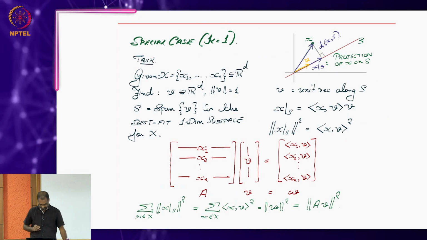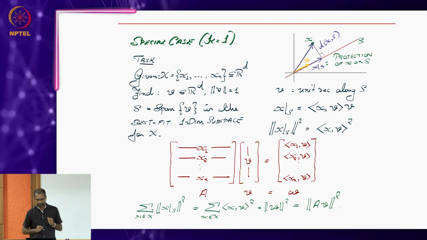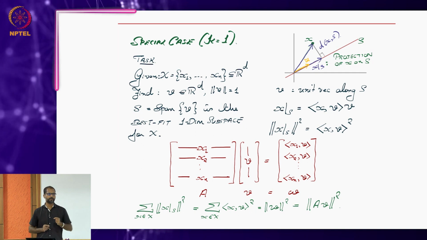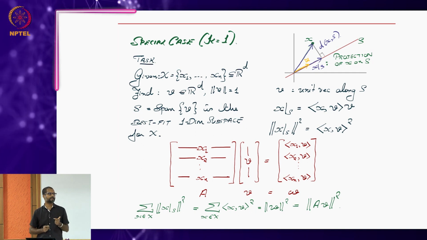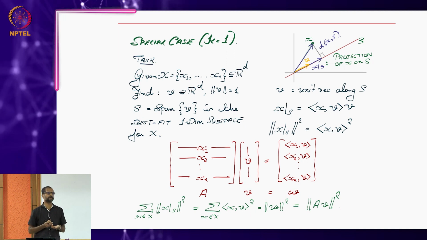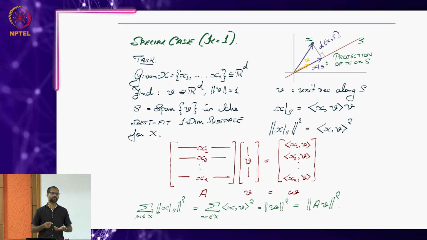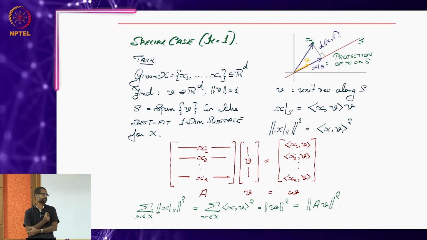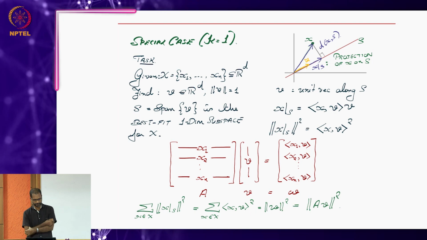So we will work with a special case now. We are fixing k equal to 1, which means we are searching for the best fit one dimensional subspace, equivalently the best fit line that passes through the origin. Which line through the origin fits your data best in the formal sense that we defined before.